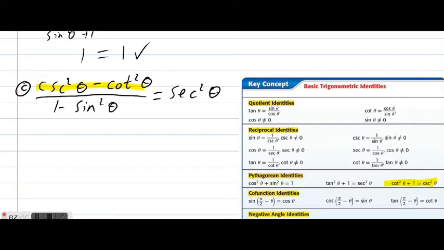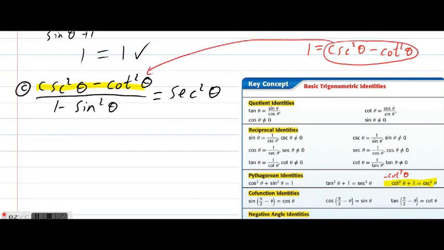I hope you can realize that if I subtract cotangent squared of theta from both sides, I end up with 1 equals cosecant squared of theta minus cotangent squared of theta. We're doing basic algebra. Exactly the same, yes? Alright, so I'm replacing all of that with 1 over.